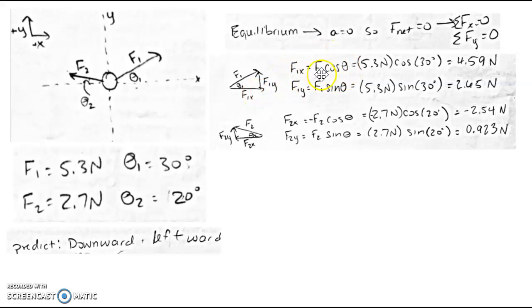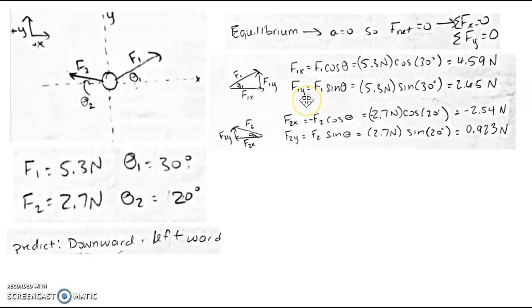My hypotenuse F1, I know, is a value of 5.3 newtons. And I should have been careful with my subscripts here. This should be theta 1. So the cosine of theta 1, which is 30 degrees. Multiplying these two things together, we get a value of 4.59 newtons. So I know my horizontal component has that magnitude.